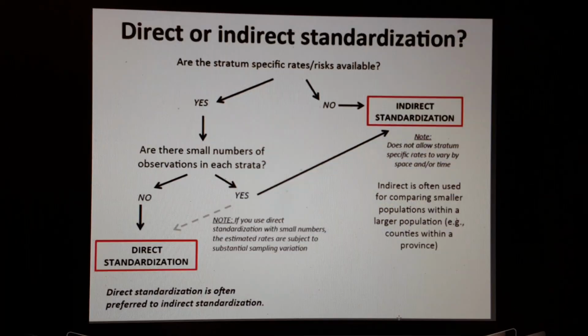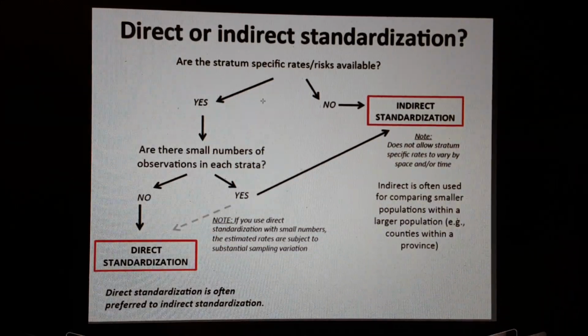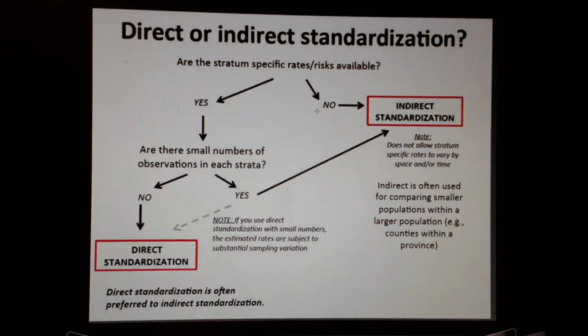So I personally like flowcharts. So here is a direct versus indirect standardization flowchart. First of all, the key question is, are the stratum-specific rates or risks available? If you don't have the number of deaths or events per stratum, so these would be like the age-specific death rates, and these are not available, you have to use indirect standardization, okay?